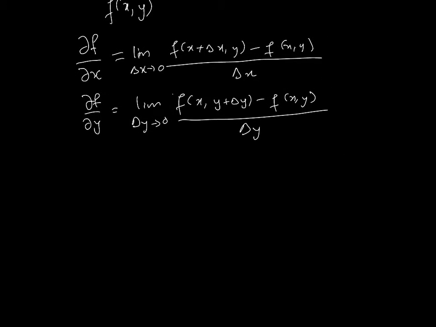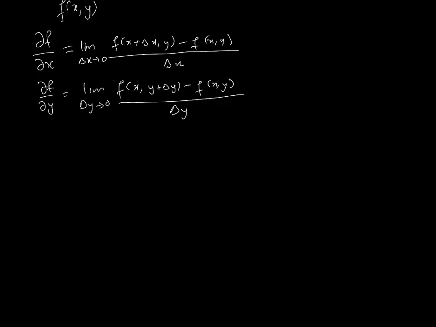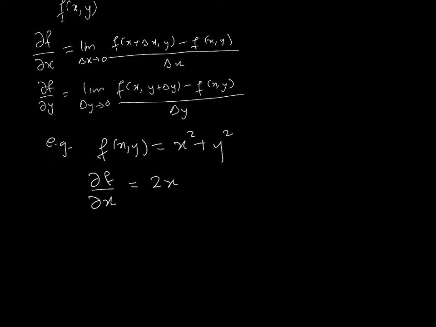So the next point is, how do we actually calculate these things? The best thing is to look at an example. For instance, if we have the function f of x y equals x squared plus y squared. When I calculate the derivative of f with respect to x, y is considered constant. So the derivative of x squared is 2x, but the derivative of y squared is 0, because there's no change in y with respect to x.